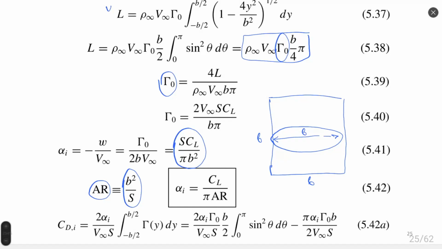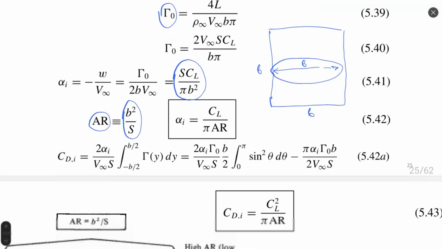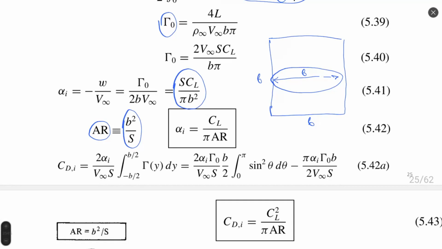Okay, that's it. Then we can also calculate analytically the induced drag coefficient according to equation 42, which is a general integral equation that can be solved, and the solution is presented in equation 43.